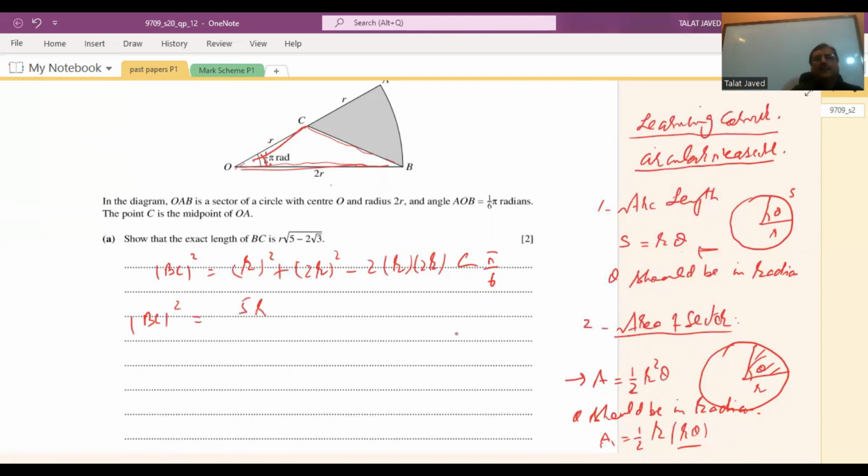So BC squared equal to 5r squared minus 4r squared cos pi by 6. And cos 30, you can use your calculator, will be root 3 by 2.